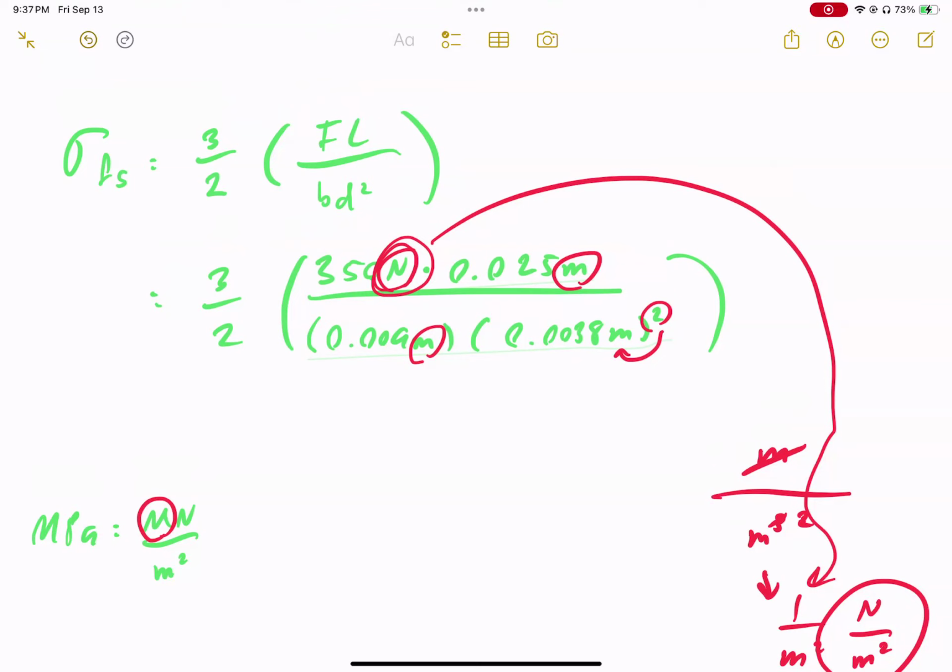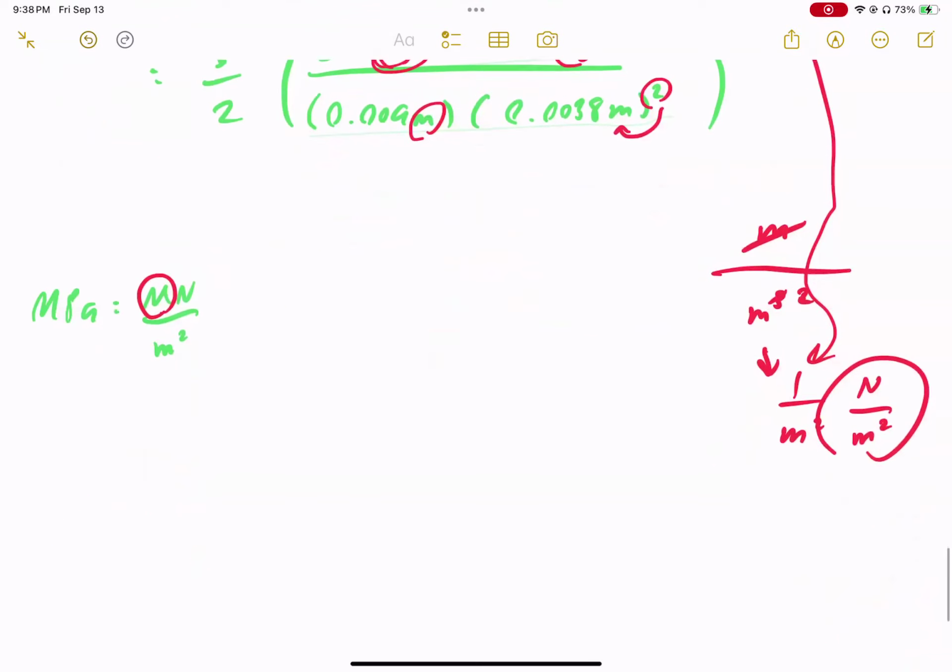And then for the numerator, 350 newtons multiplied by 0.025. So divide those and then multiply 3 over 2. Okay, yeah, okay. Sorry, I was not plugging things into my calculator correctly, which is why I was not getting the right answer, but I just did now.